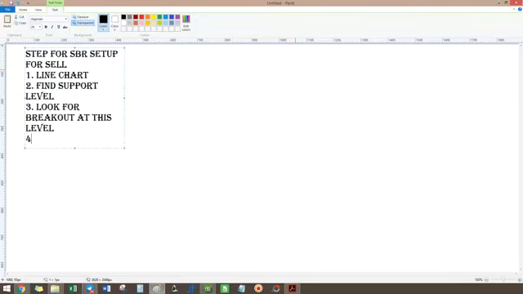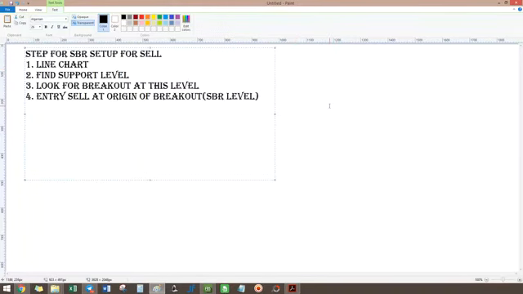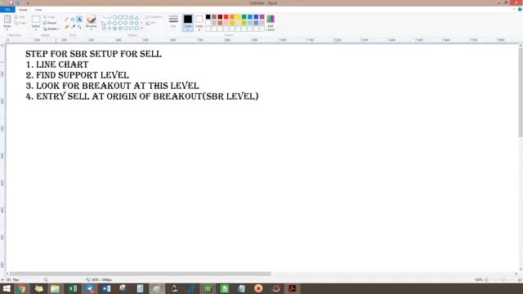Four, entry sell at origin of breakout or SBR level. Is it clear? Find first line chart, find support level, look for breakout at this level, entry sell at origin of the breakout. Okay, simple stuff.